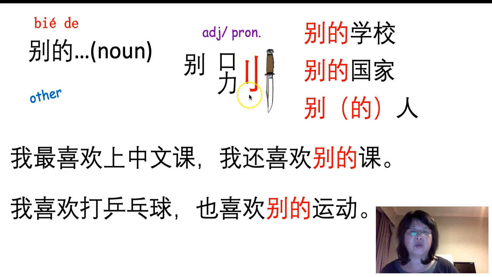So we use a knife to separate. So 别的 is separate from us. So this is other.